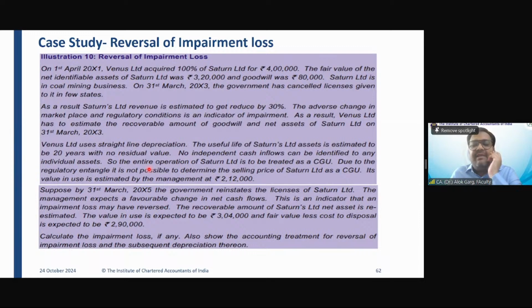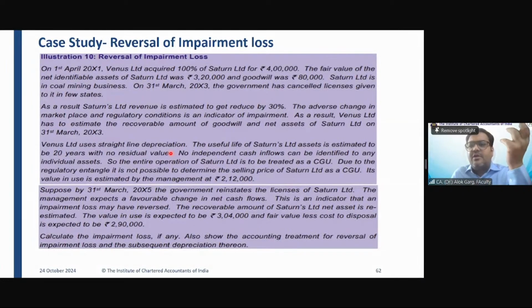So what is the carrying value of the identifiable assets as on 31st March 2003? 2,88,000. 320 minus 32, 2,88,000, correct? What is the carrying value of goodwill as on 31st March 2003? 80,000.